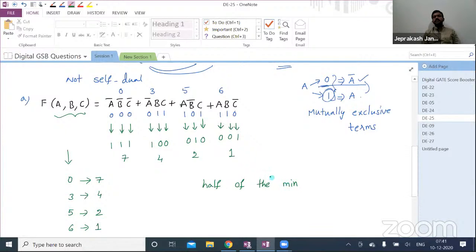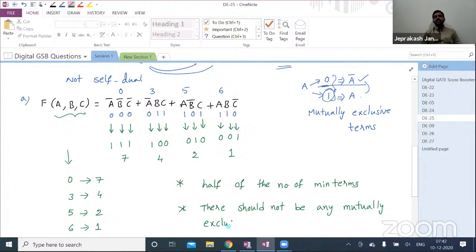After that, there should not be any mutually exclusive term present in this particular function.